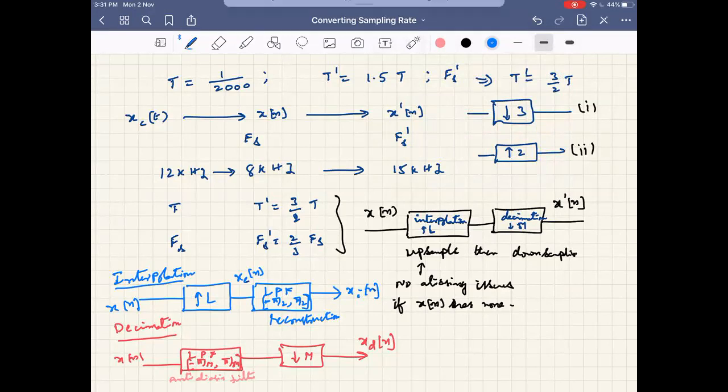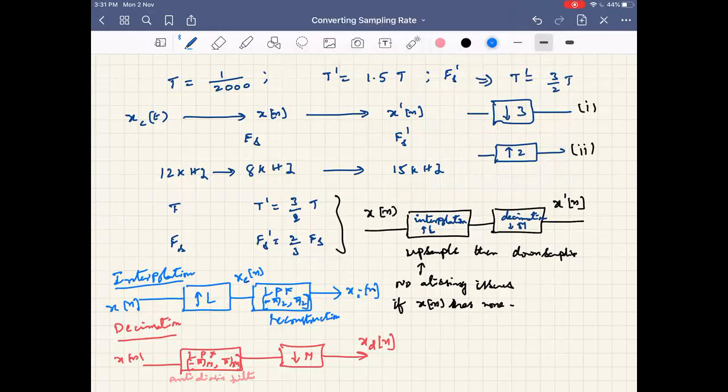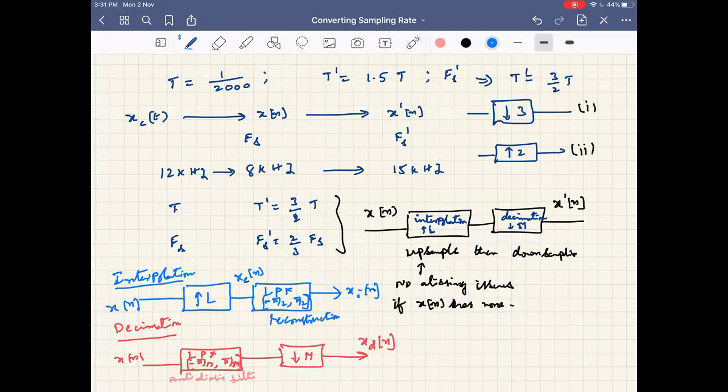So as we discussed, which block to use first? Should we use decimation first or interpolation first? The answer comes from which will affect the Nyquist rate more, or which will enable us to increase the sampling frequency.